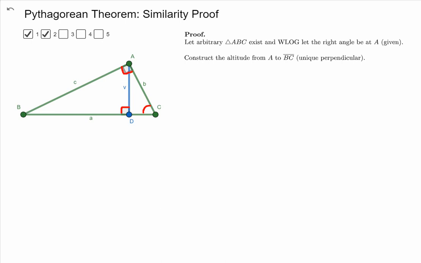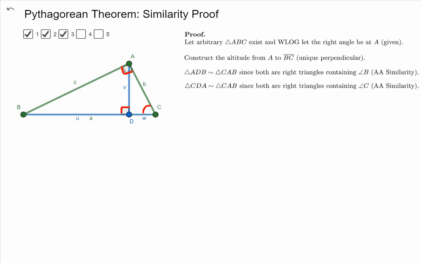I know that triangle ADB is similar to triangle CAB, right? ADB goes short leg, long leg, and CAB goes short leg, long leg.